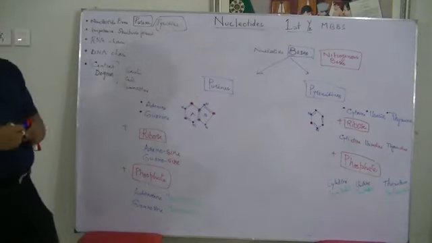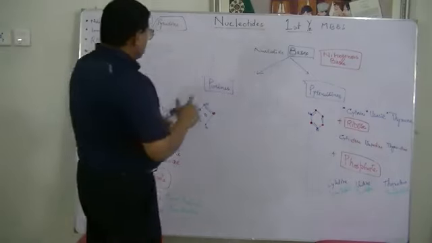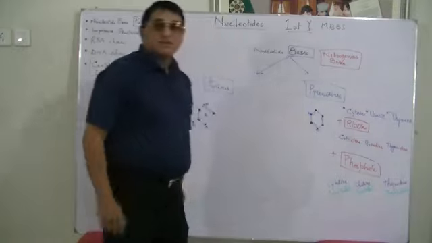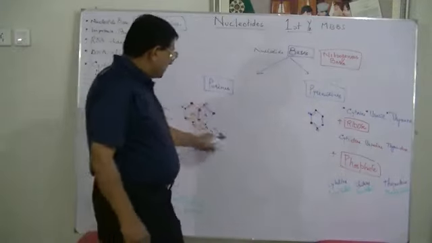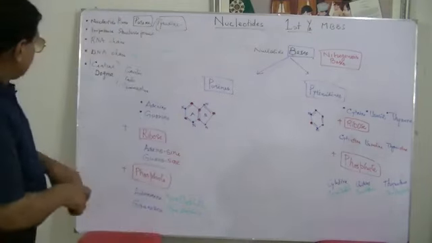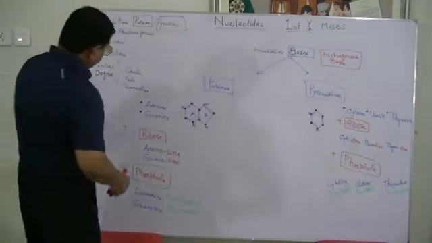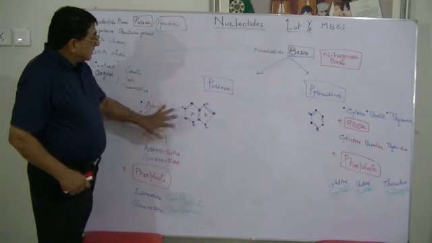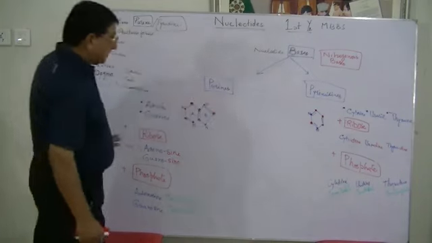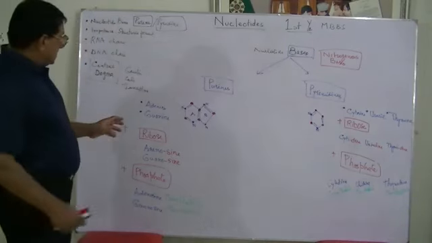To start with, what are nitrogenous bases? They are of two types, purines and pyrimidines. These contain nitrogen, so they are called nitrogen bases. Right? Now, this is the basic structure of purine, this is the basic structure of pyrimidine. There are minor variations.